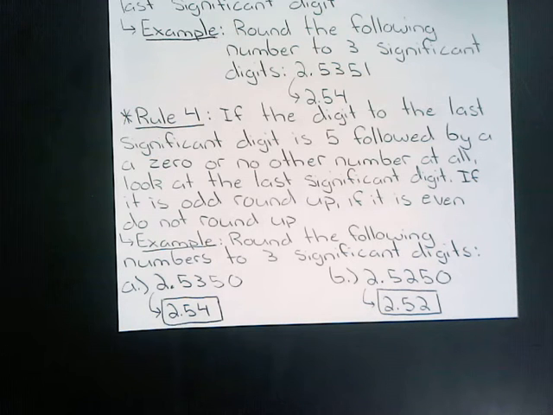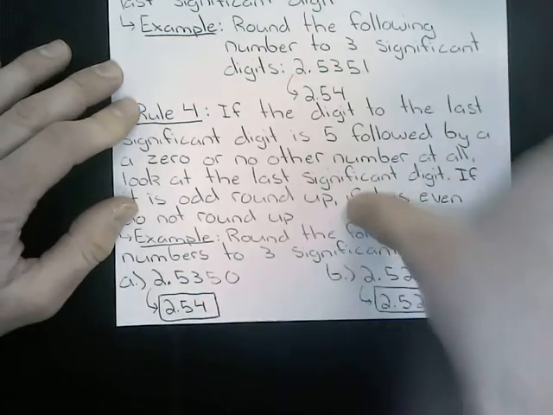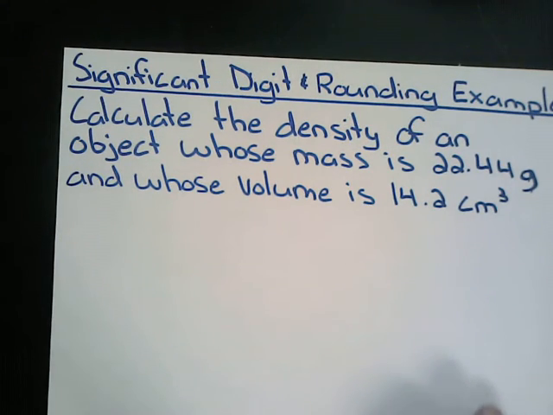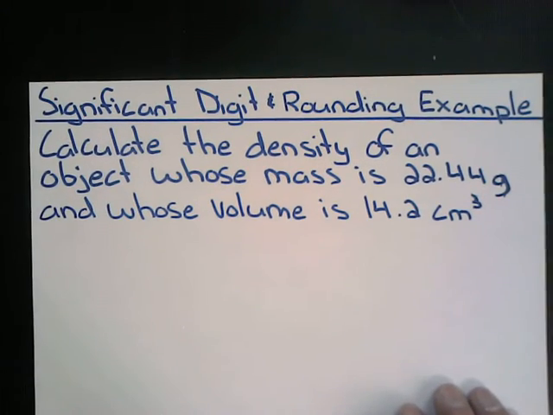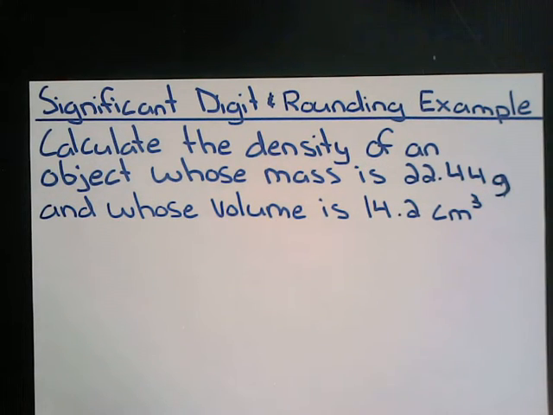So let's go ahead, let's try an example out where we do round our significant digits. We're going to calculate the density of this particular object.